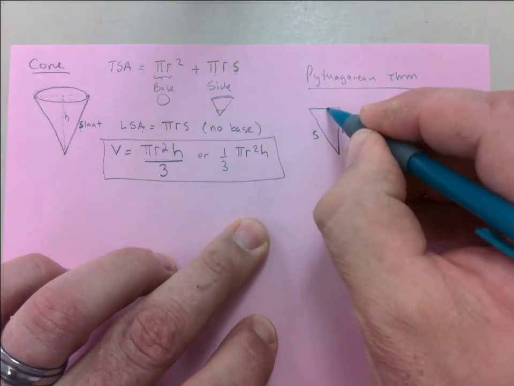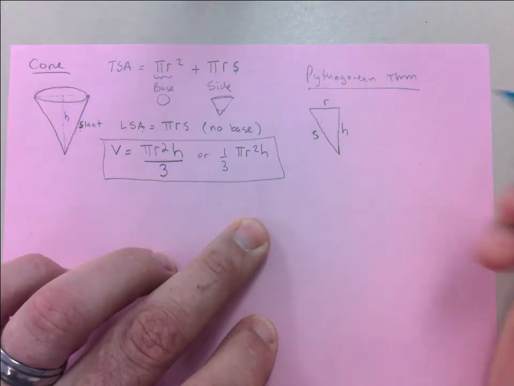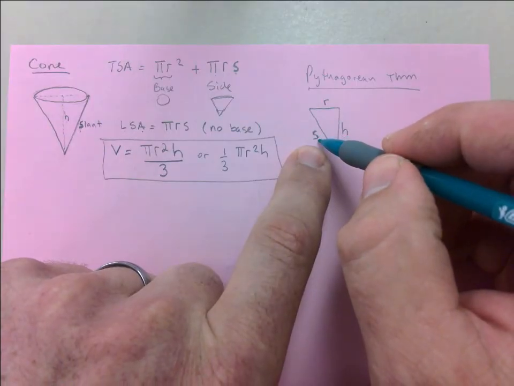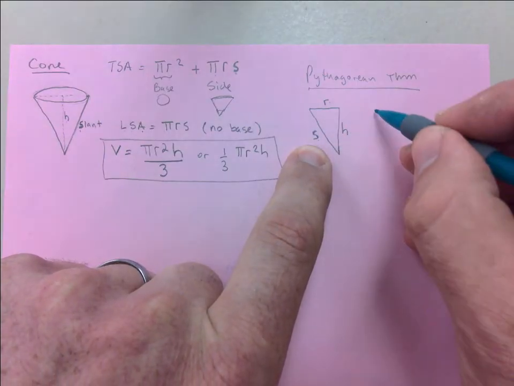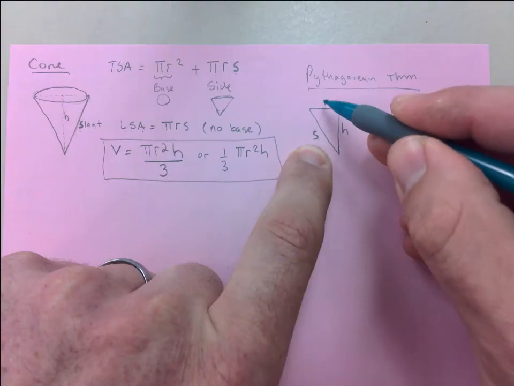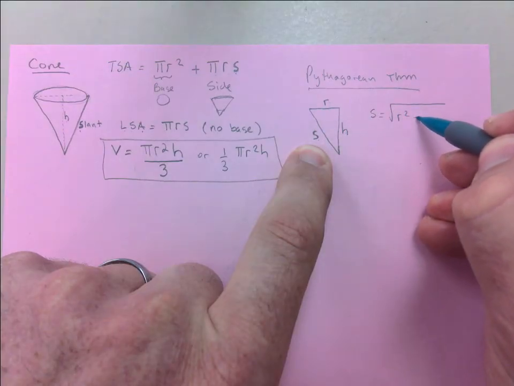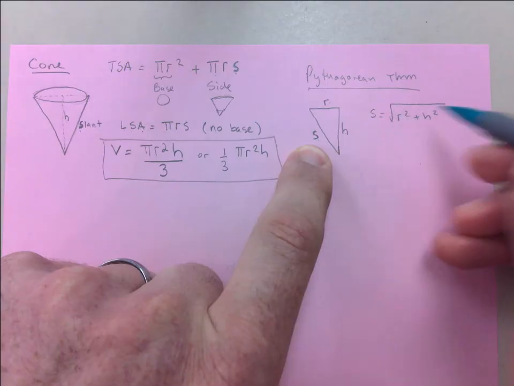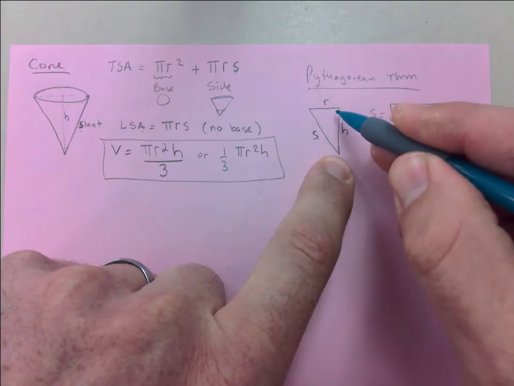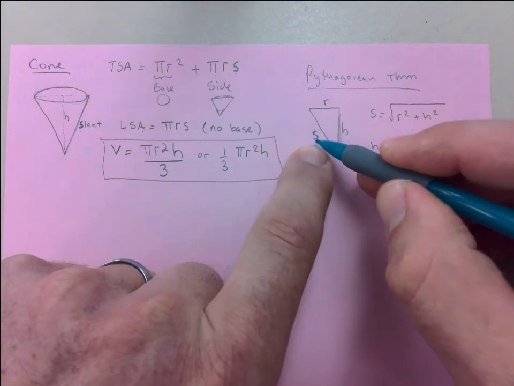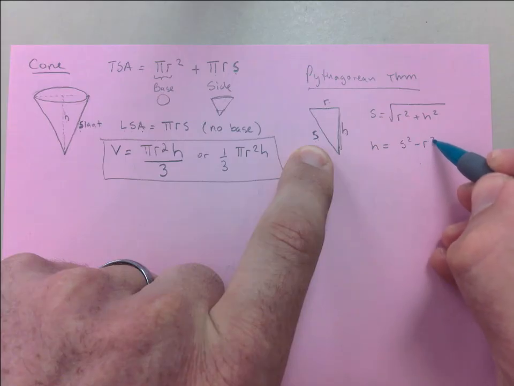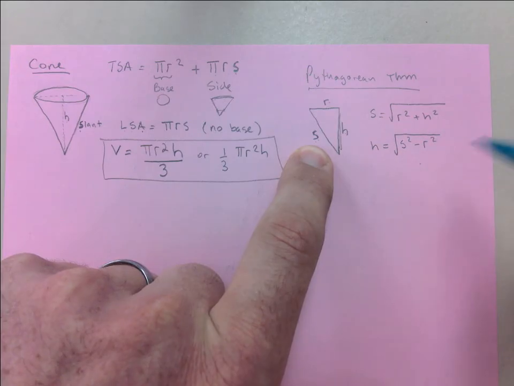And what is this? The radius, that's right. So if you want the slant height, that means that you would know the radius and the height. The slant height is simply square root of, this is the longest side, so it's the addition of the legs, and then square root that answer. If you want the height, that means that you know the slant and the radius. So you'd go slant squared minus the radius squared, and just square root that, okay?